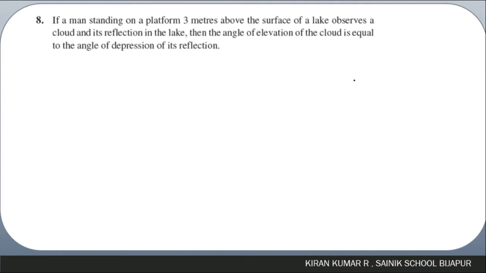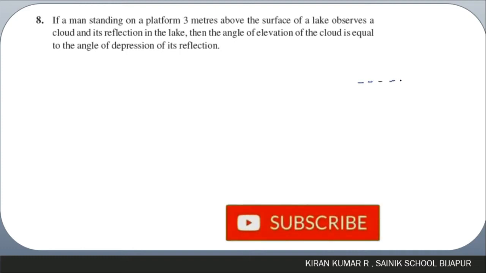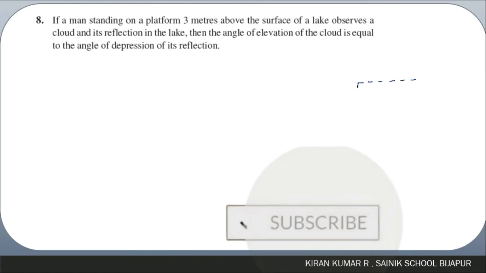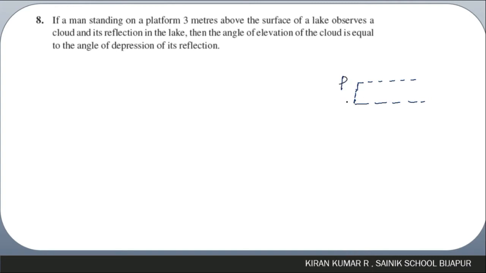Let me consider a diagram. Let this particular thing be the platform. I'll mention this as PL, representing the platform, and I'll mark this particular point as K. This LK represents the lake.